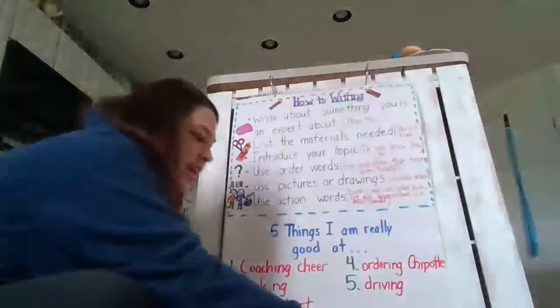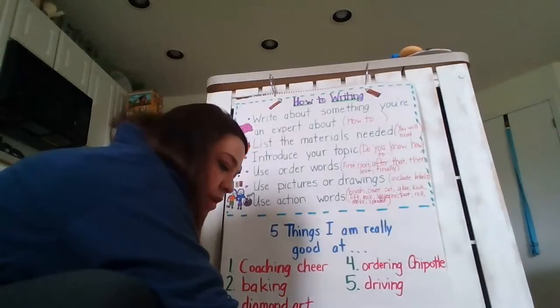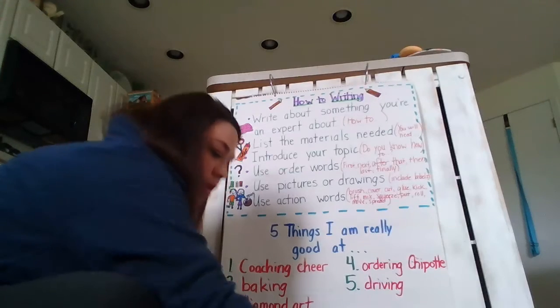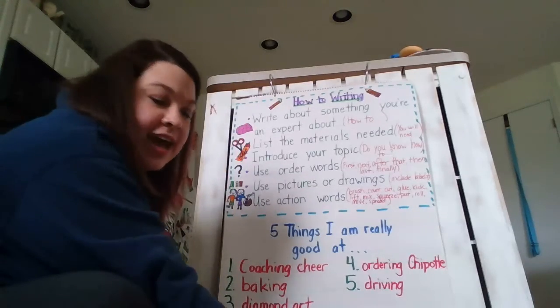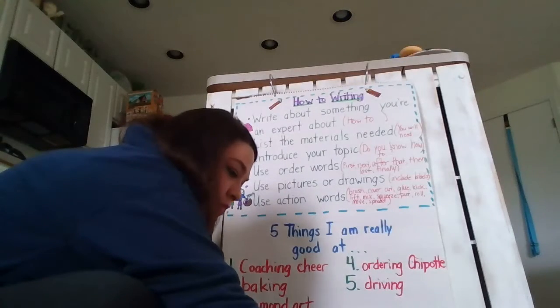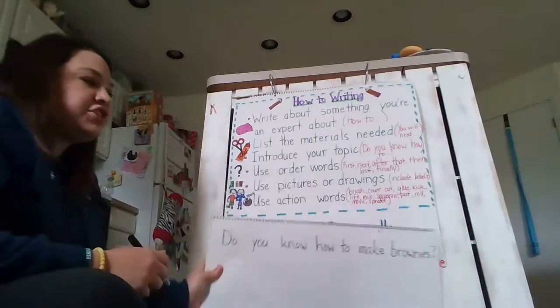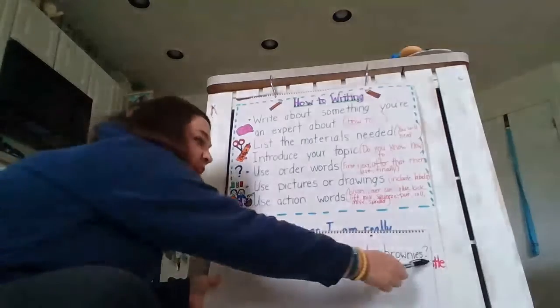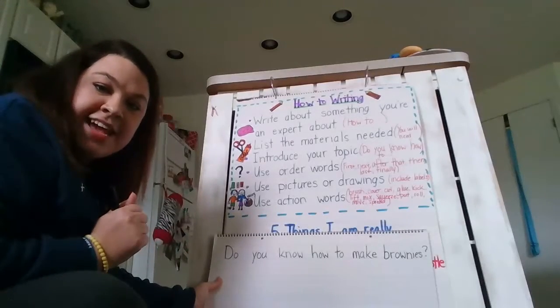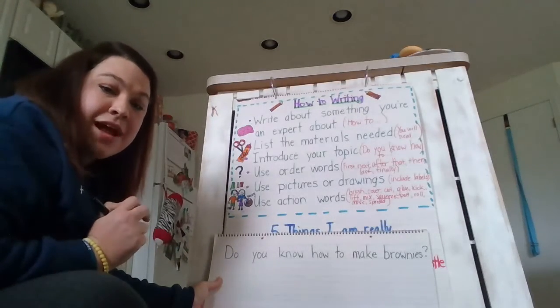You're right, that's sneaky E. Make brownies. Brr, ow. What says ow, ow, ow? There's a cow going down. Brownies. And since that is a question, I'm going to put a question mark at the end of it. So do you know how to make brownies?